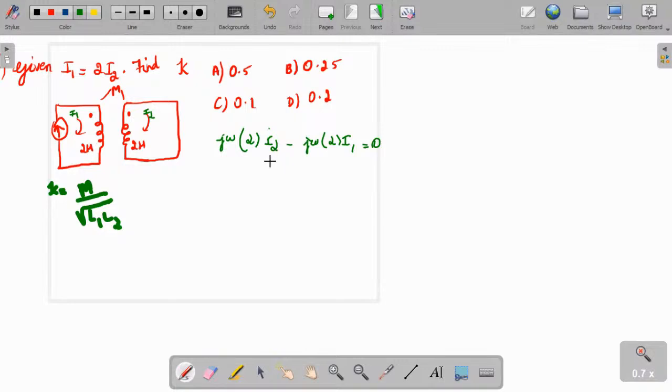So அப்ப என்ன கிடைக்குது நமக்கு 2I2 is equal to 2I1. Correct? Okay, sorry. இங்க எழுதுறப்போ நம்ம mutual inductance எழுதணும். Because இங்க தான் source இருக்கு இல்லையா? So here we have M.